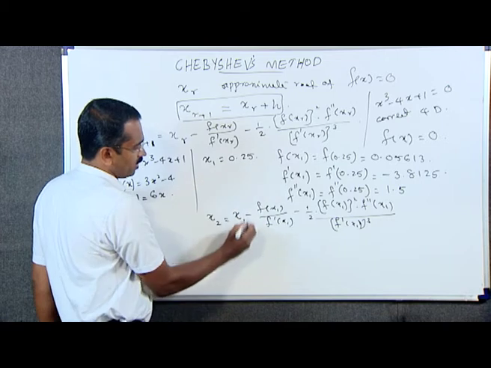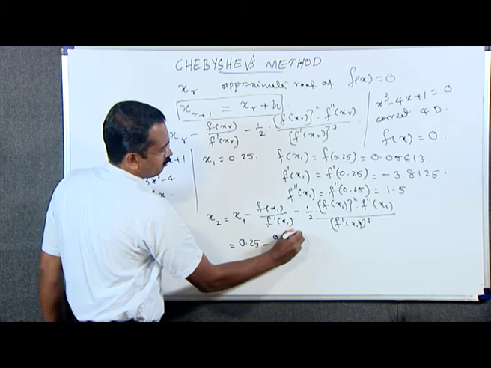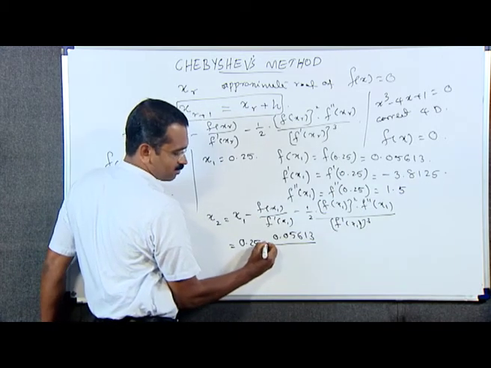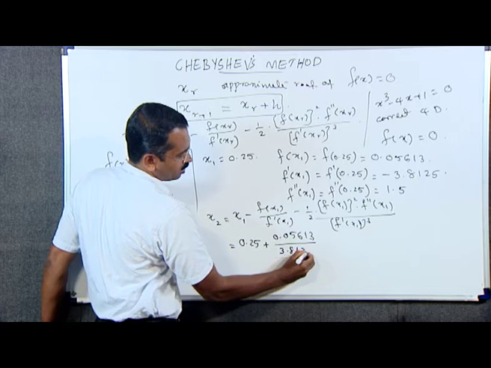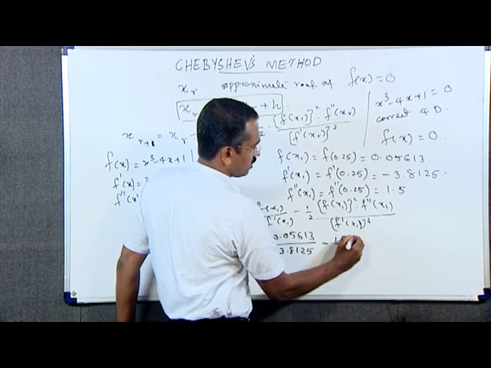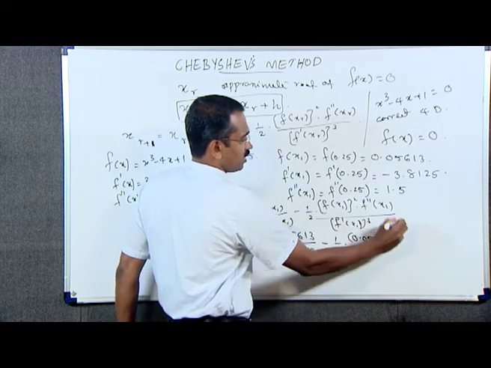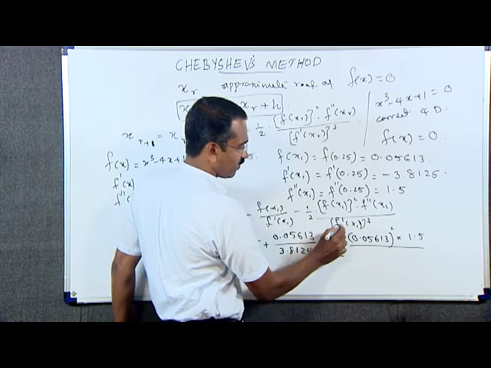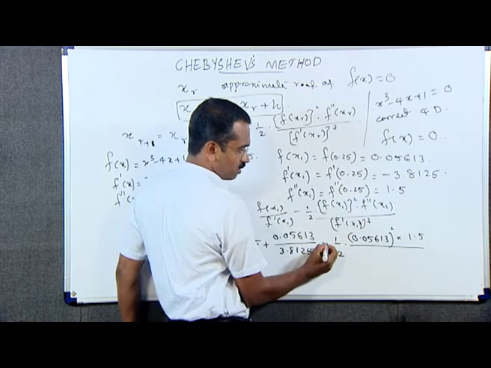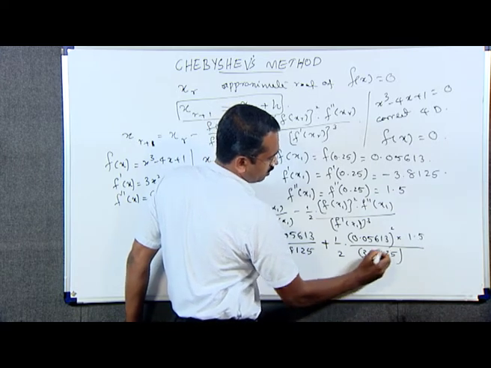This is equal to x1 is 0.25 minus f of x1 is 0.05613 divided by f dash of x1 is negative 3.8125, therefore, this will become plus 3.8125 minus 1 by 2 into f of x1 square is 0.05613 square into f double dash x1 is 1.5 divided by f dash of x1 whole cube, means minus 3.8125 the whole cube, which is negative, therefore, this will become plus 3.8125 cube.